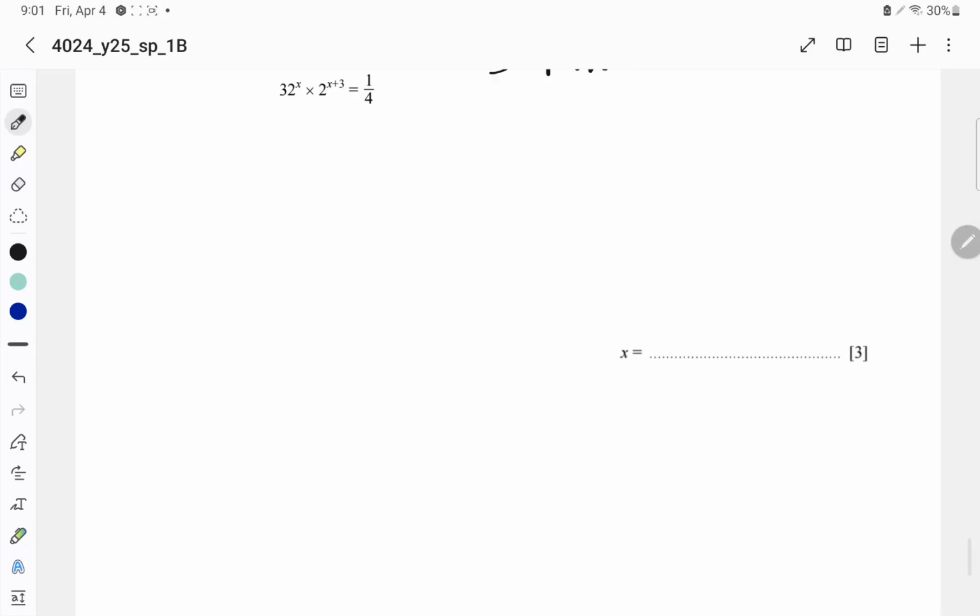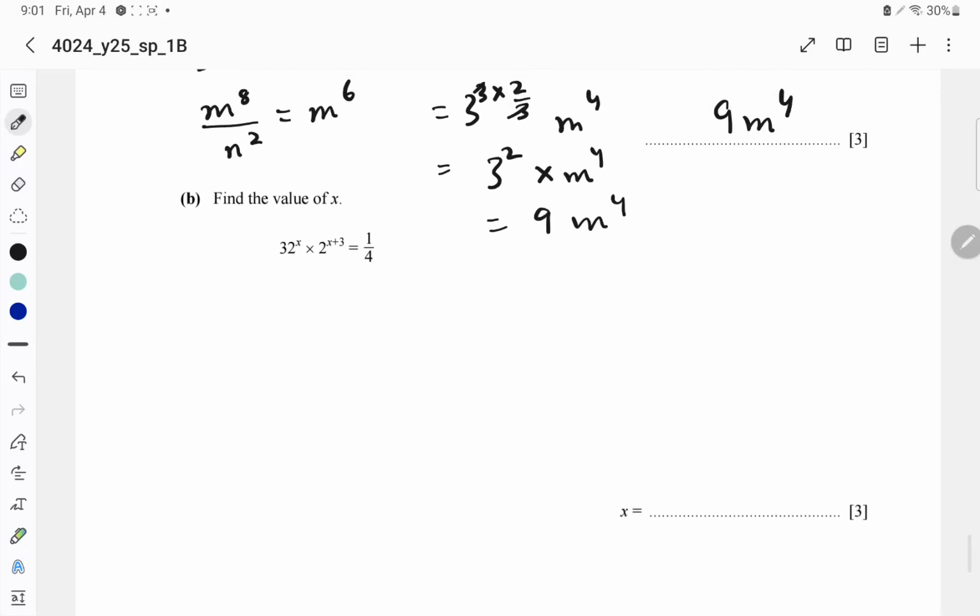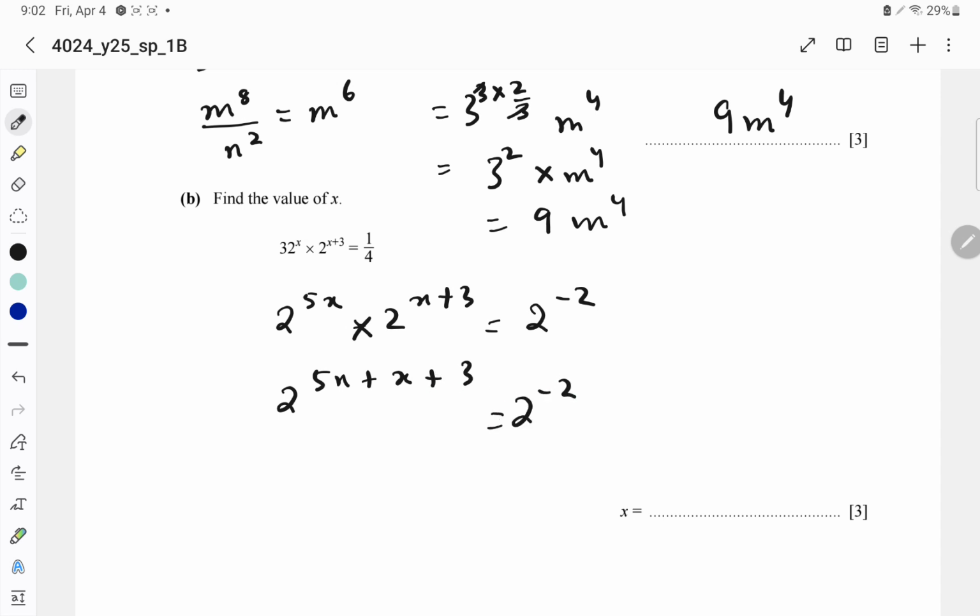Now the next part of this question, find the value of x. Make the base the same, 2: we can see 2 to the power 5x multiplied by 2 to the power x plus 3 is equal to 2 to the power minus 2. 5x plus 3 equals 2 to the power minus 2.